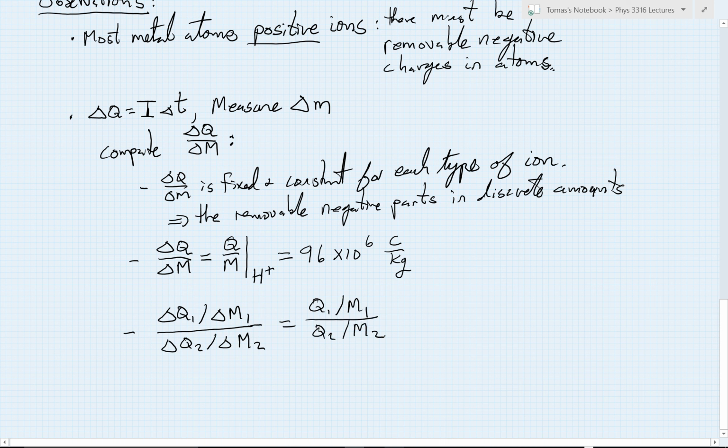The intriguing thing is, although we don't know the absolute masses or the absolute charges, when we form this ratio, we're getting information about the charge ratio between the ions. In particular, if I multiply this by M1 divided by M2, I have a direct measure of the relative charges on two different ionic species.